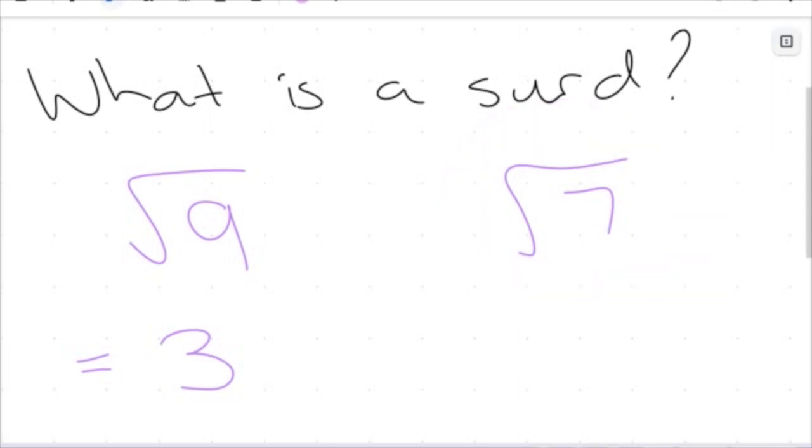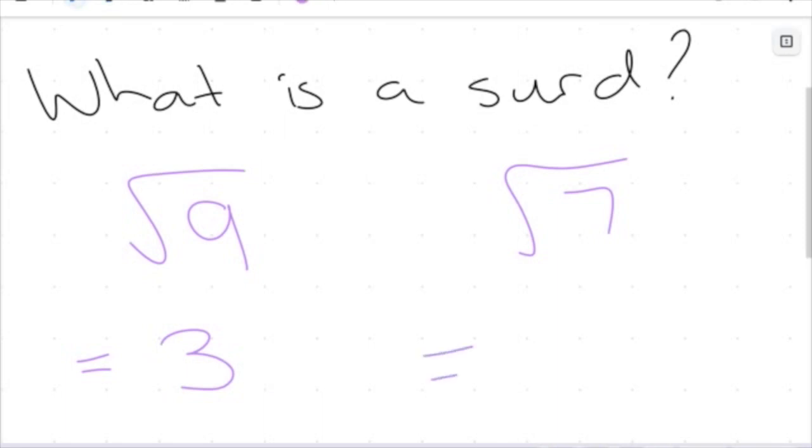Now, there are two numbers that are exactly the same that multiply to give us 7, but they're not nice numbers. We can make pretty much any number out of multiplying two of the same numbers, but they don't end up being very nice. Now, if you guys have a calculator at home, pop in the square root of 7. See what you get.